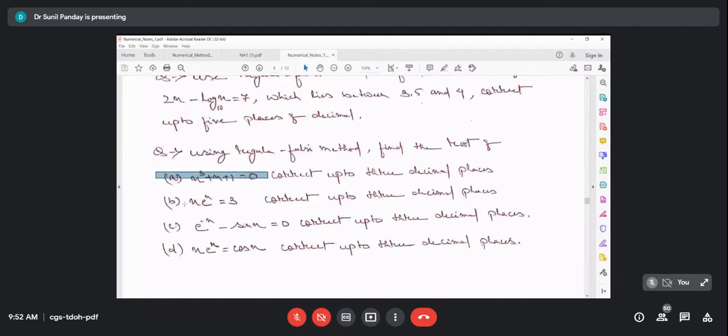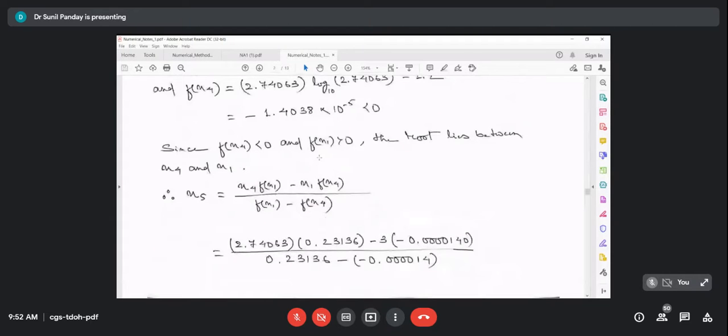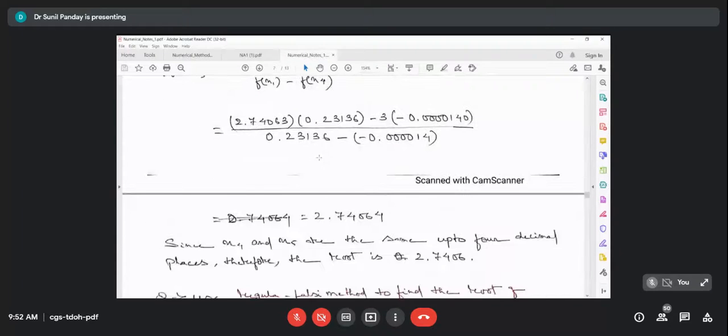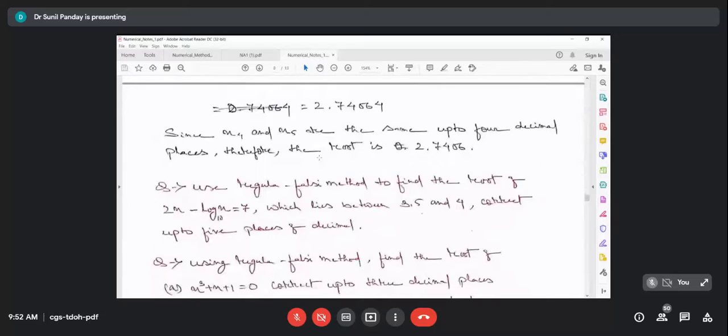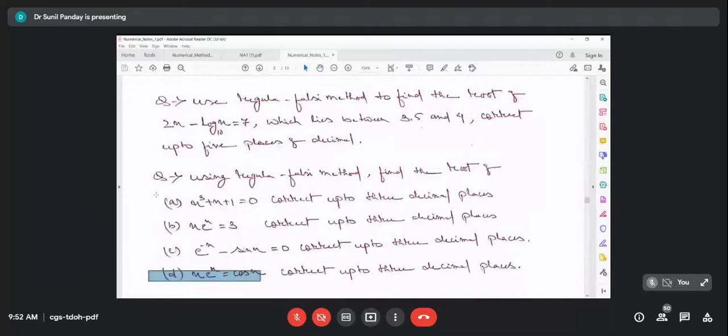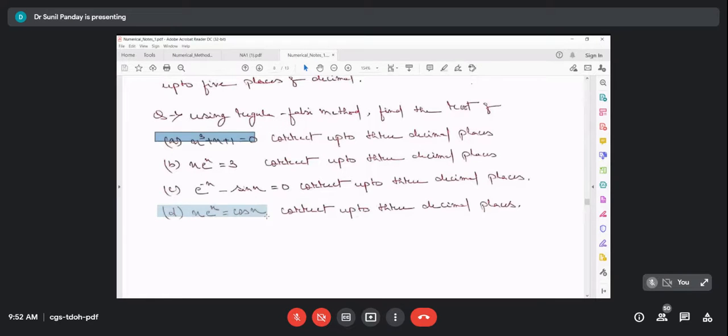So this is also part of the assignment. If you see the notes, at the end of the regula falsi discussion these questions are given, and question A and question D you have to solve by regula falsi as well as by the secant method.